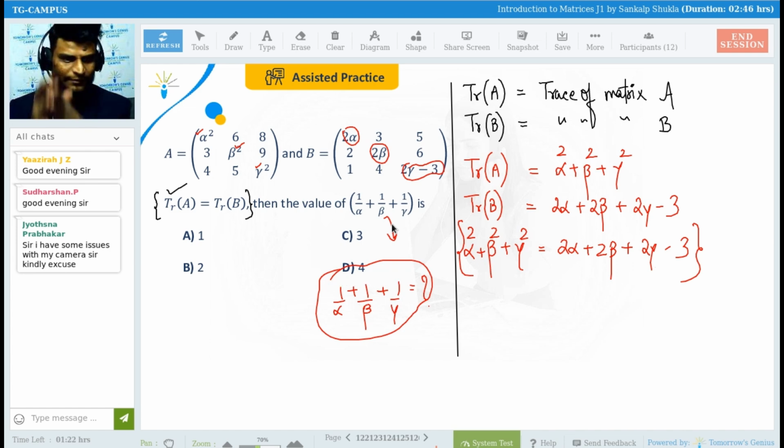So how many of you are able to solve this? Okay, I'm giving a 1 minute window. Just try to solve this, okay? After that, I'll be solving it for you. Okay, solve everybody.